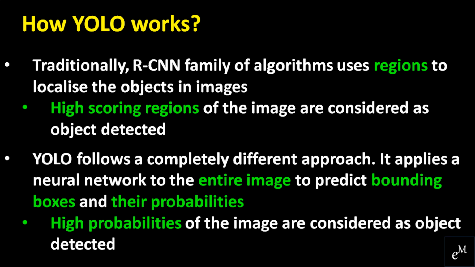If the probabilities are higher than the threshold that can be set by the users, the object is considered as detected. Since it only scans the image once to make the predictions, as compared to other algorithms which require multiple scans, it is faster in practice. And that's why this is called You Only Look Once, YOLO.